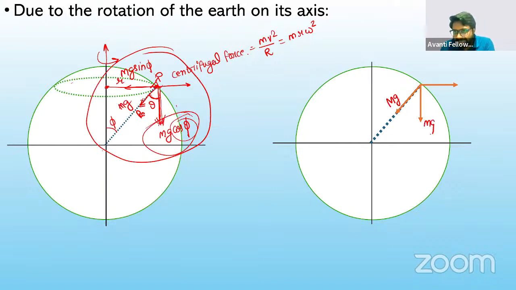So this is mg effectively. This is mg dash, which is the effective gravitational pull that this particular man is experiencing at this point due to the rotation of Earth.